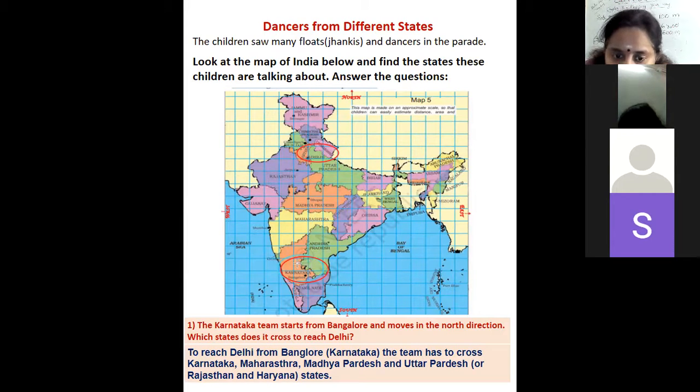Maharashtra, yes. Madhya Pradesh, Rajasthan and Haryana?